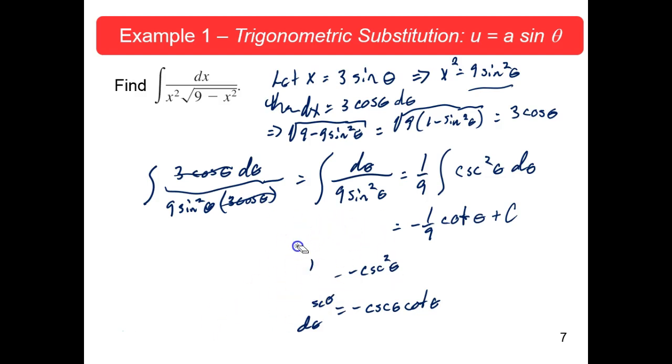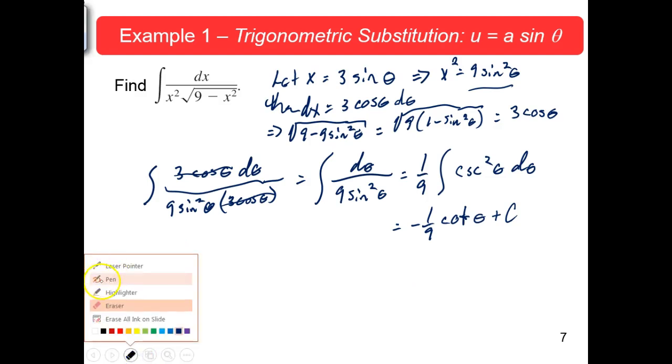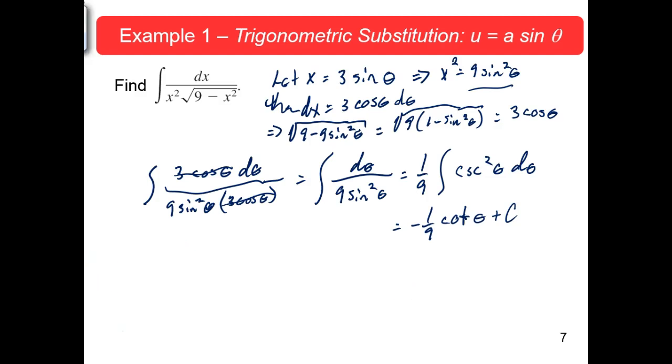All right. We still aren't quite where we need to be. And here's why. Because our problem started with x's, we made up the theta part. We need to get back to x's.